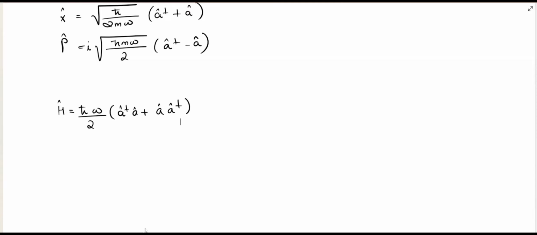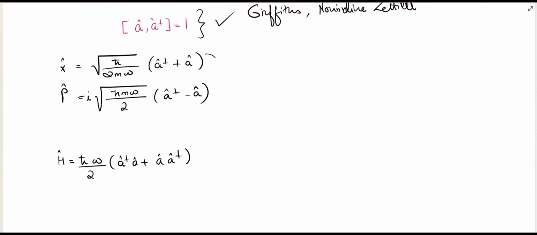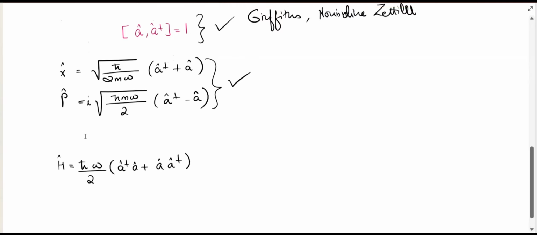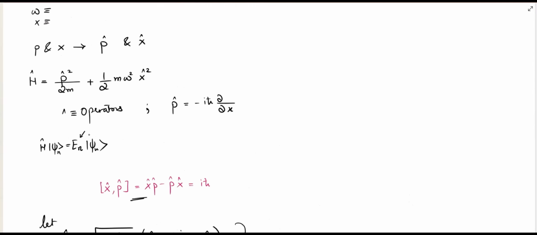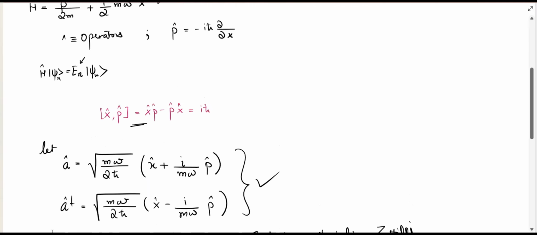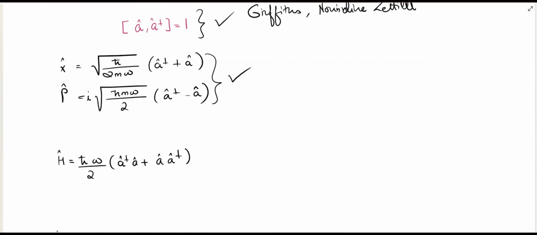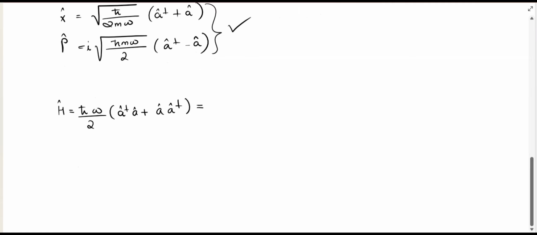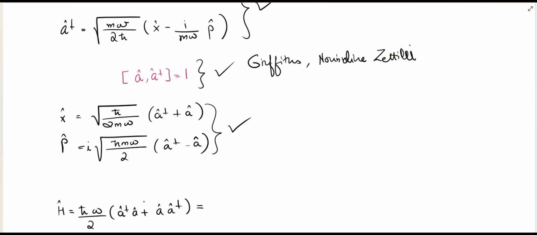You just simply need to substitute these relations in this particular Hamiltonian equation, and you will easily see that it will fall into this particular notation after factorization. You also need to take care of these commutator rules, that is, a a dagger is not equal to a dagger a.